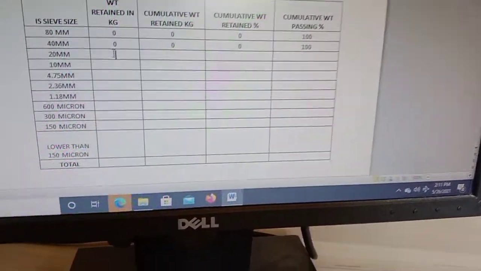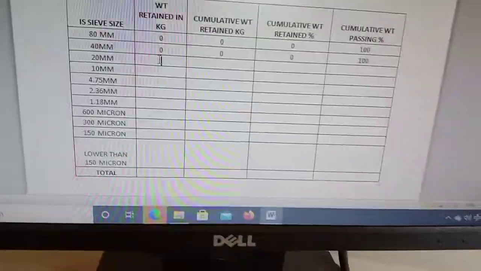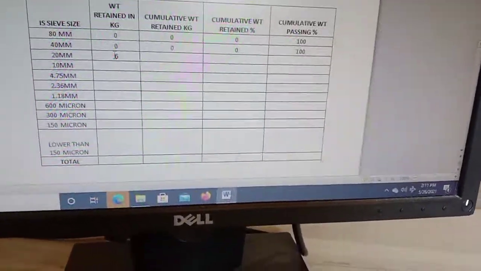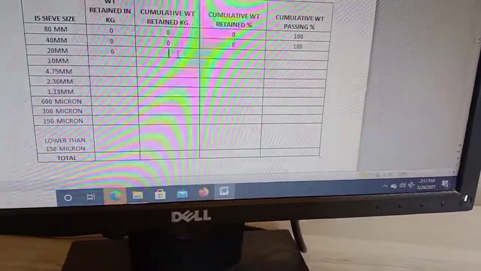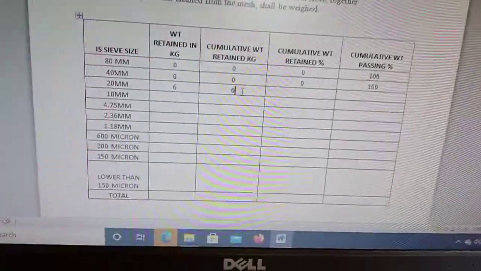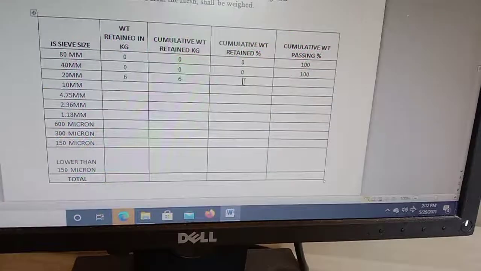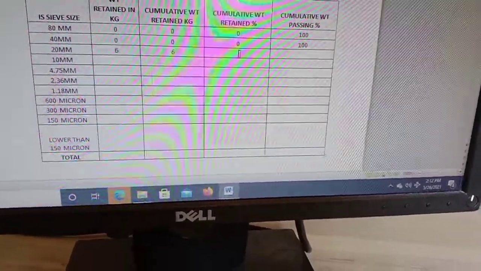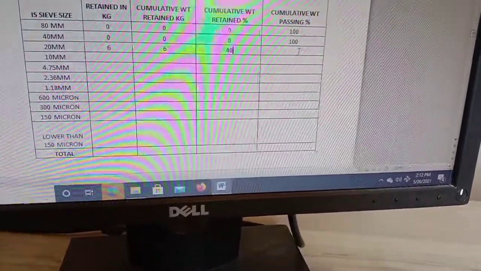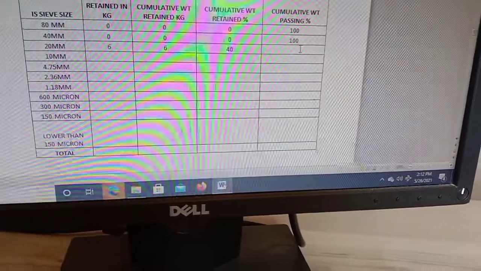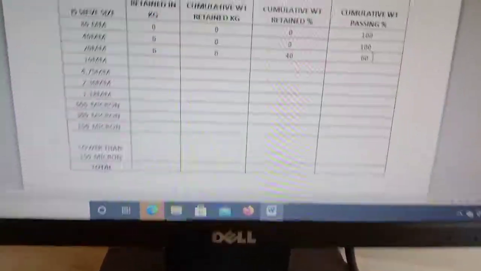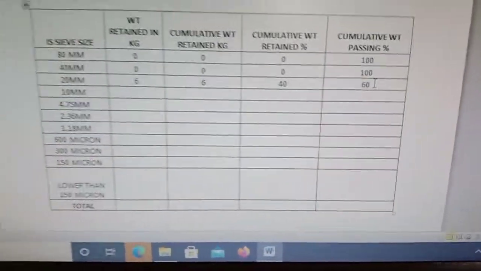Now on the 20 mm sieve, 6 kg was retained. So cumulative will also come 6 kg only. Then out of 15, 6 kg if retained means 40% is retained. Now 100 minus 40, so 60% would have been passed, 60%.